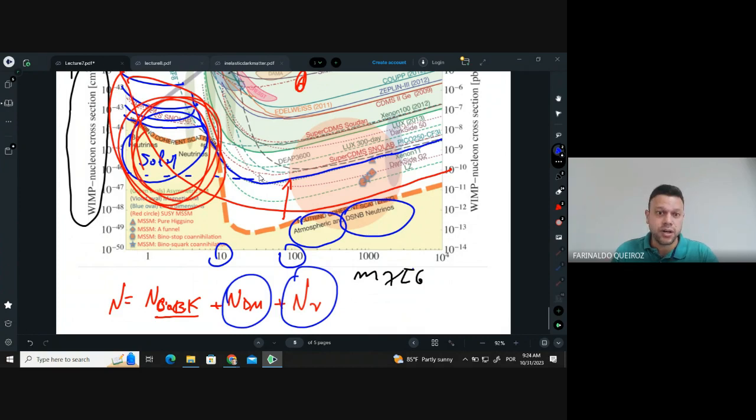Because if you are here, you say, okay, I observe this number of neutrino events, but the measurement we have for the neutrino flux down there is not so precise. There are some error bars. The number of neutrino events is really big. Let's say you observe 10,000 events, but from dark matter you expect 2 events. So you will always be within the error bars of the 10,000 events. So it's 10,000 events plus or minus 100.